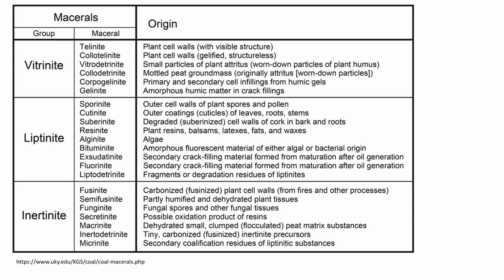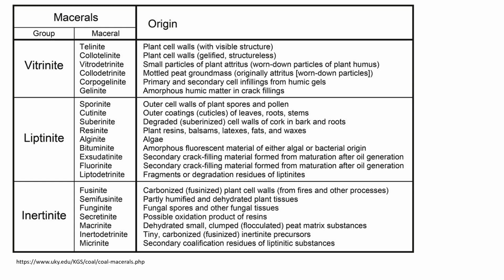Collotelinite consists of plant cell walls that are jellified and structureless. Vitrodetrinite is the detrital part of the vitrinite. Small particles of plant detritus, which are worn down particles of plant humus, give rise to vitrodetrinite.